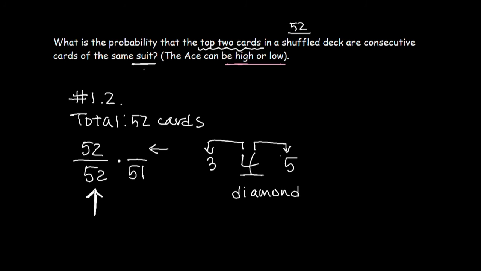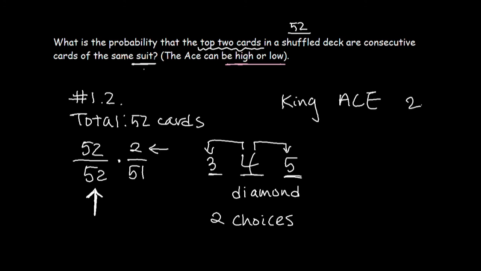It doesn't matter if you pull a 3 or a 5. So you have 2 different choices, so you're going to be choosing 2 there, not 1. And let's say, for instance, you pull an ace of spades. You can either pull a king, or you can pull a number 2. It doesn't matter which one you choose.